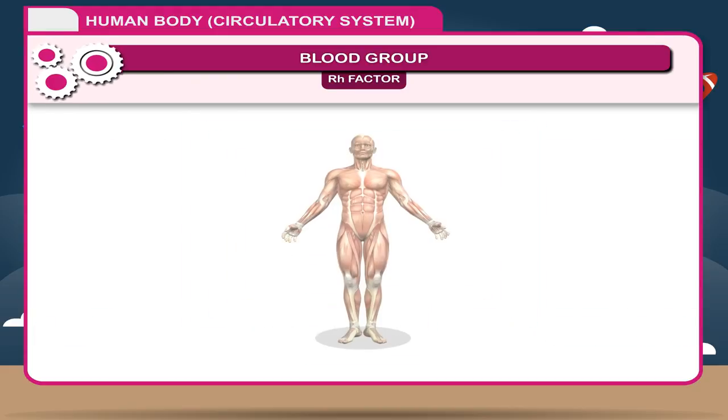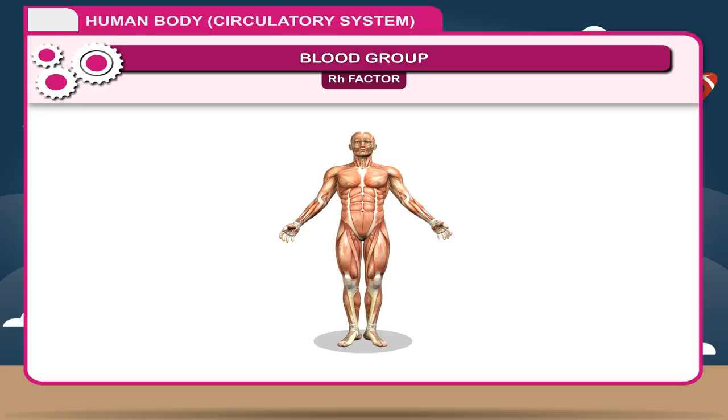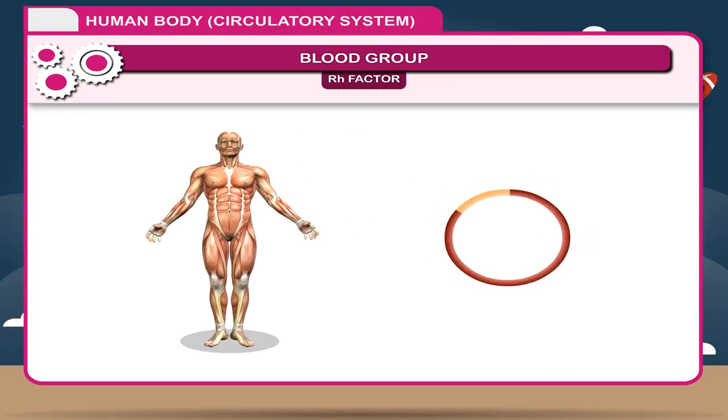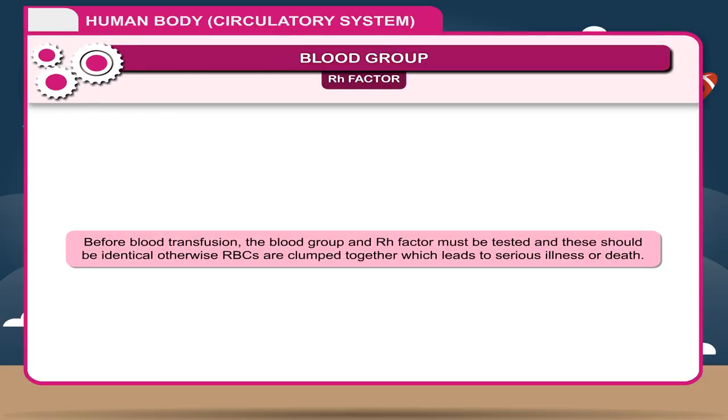Most people have the Rh factor in their blood group, and such persons are called Rh positive. About 85% of humans are Rh positive. The rest are Rh negative. Before blood transfusion, the blood group and Rh factor must be tested, and these should be identical, otherwise RBCs are clumped together, which leads to serious illness or death.